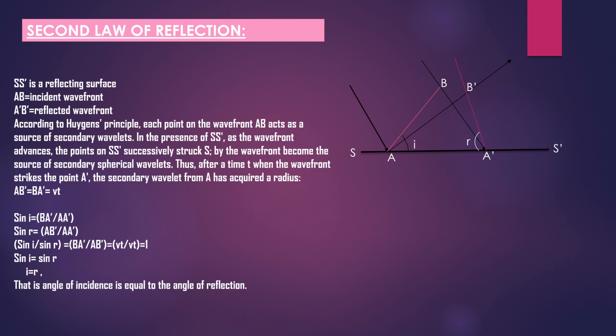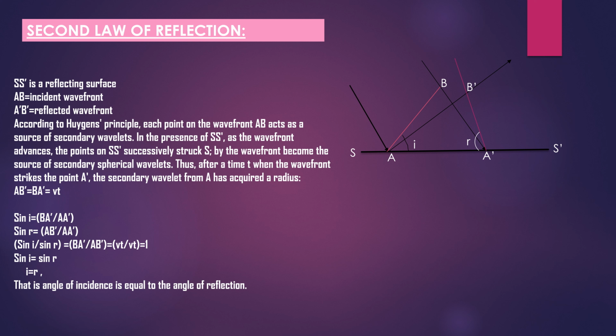Now we'll divide sine I and sine R. We'll get B A dash divided by A B dash, which is equal to velocity into time divided by velocity into time. We got the value of B A dash divided by A B dash from the earlier equation, according to Huygens principle. Now finally we'll get the ratio as 1.